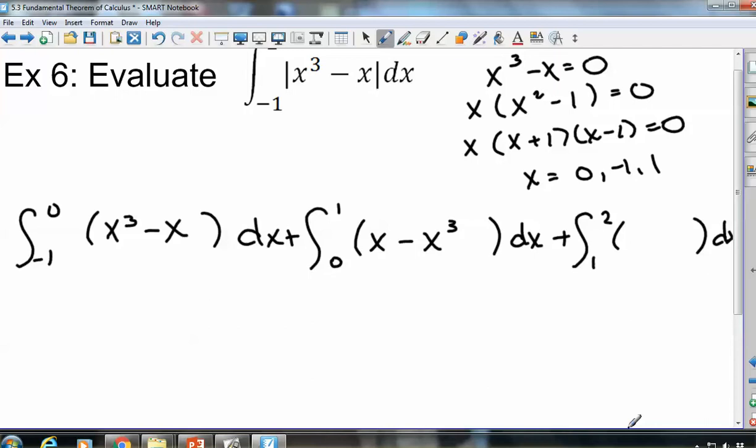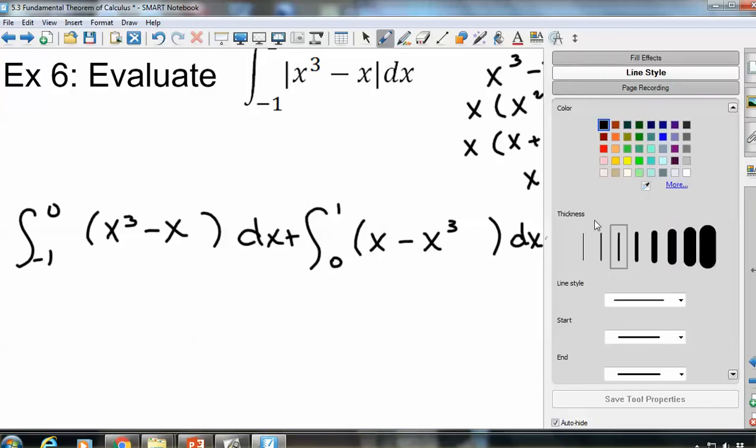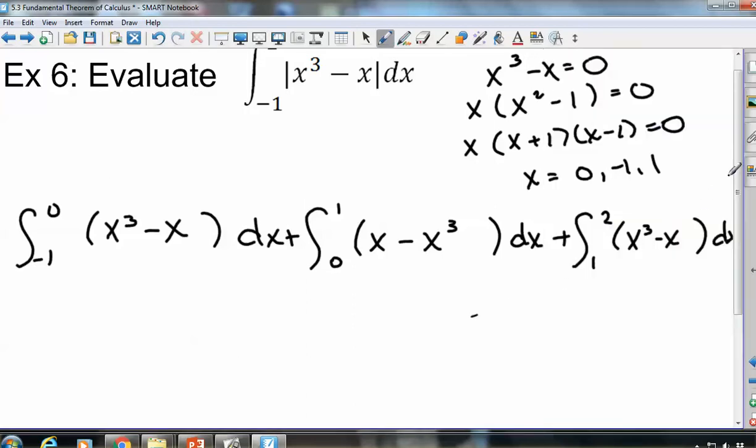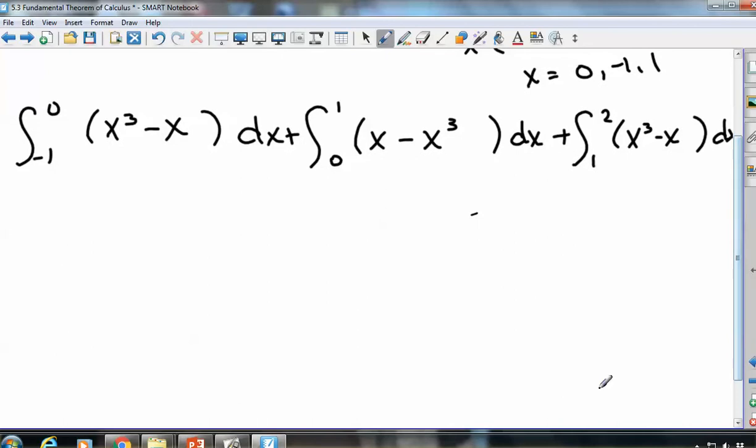Is that confusing maybe? I just went ahead and distributed my negative. If you put in a number between 1 and 2, so like 1.5, is it positive? It's positive again, so we go back to the original. Absolute value isn't changing. So now we have 3 different integrals to do.